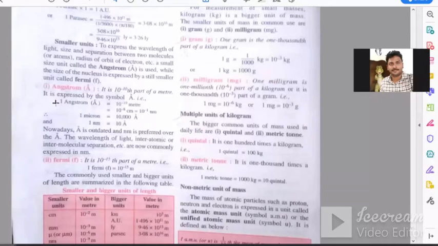These are two smaller units for measuring distances. 1 angstrom means 10 raised to the power minus 10 meter. You need to remember this. This angstrom unit is going to come in the next chapter also. 1 micron is 10,000 angstrom. 1 nanometer is equal to 10 angstrom.